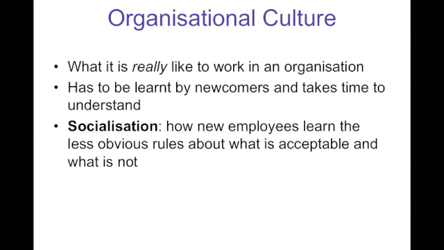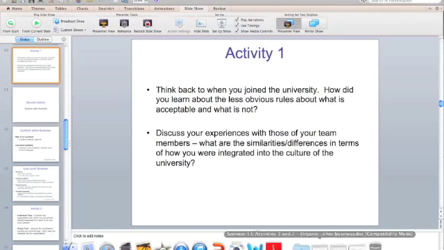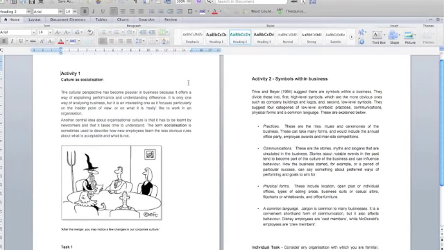First one, we look at organisational culture, what it's like to work in an organisation and the socialisation of how employees merge into this culture and sort of adopt the culture of the organisation when starting to work there. So with this one, we have an activity. So we look at this activity here. The first one we would do in the group is activity, culture, socialisation.